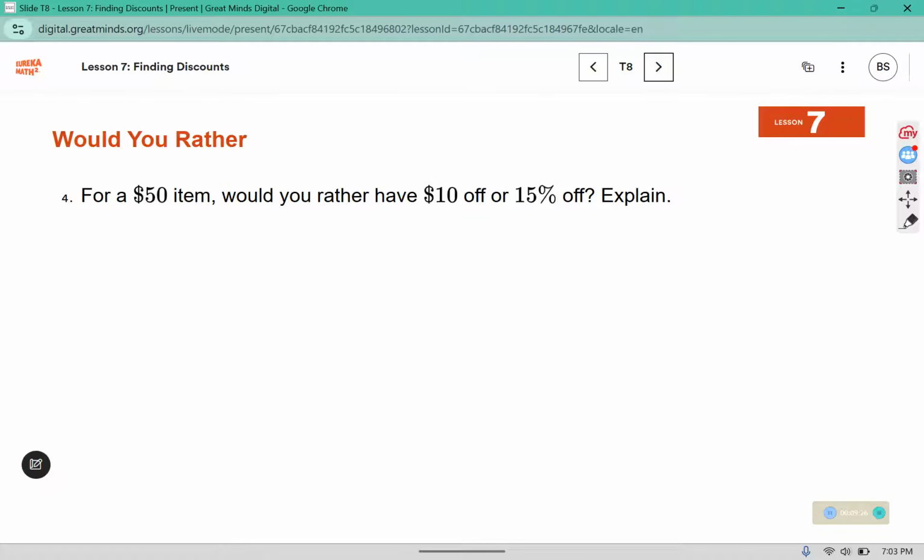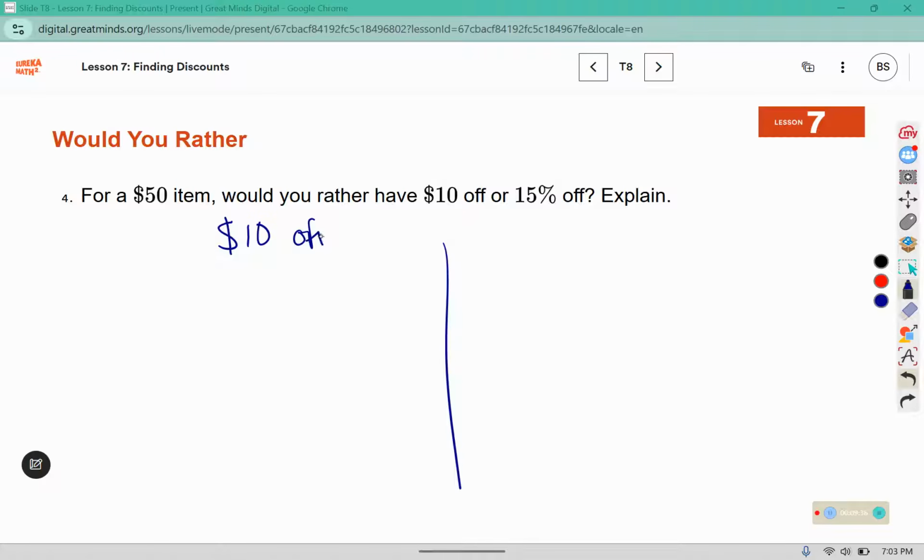For a $50 item, would you rather have $10 off or 15% off? Explain. We'll look at the $10 off. You would have 50 minus the 10 would mean that you spend $40.